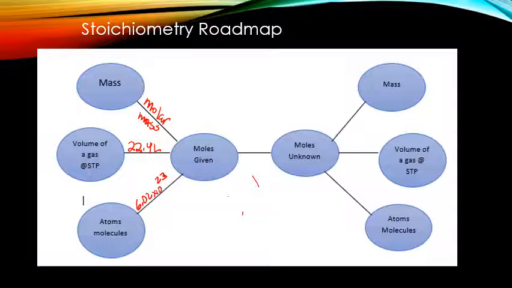So I'm going to fill that in over here on the other side as well. So we have molar mass, we have 22.4 liters, and we have 6.02 times 10 to the 23rd for your atoms or molecules. So that leaves us with one last thing, and this line here between the moles of the given and moles of the unknown would again represent the molar ratio that we just got done discussing.